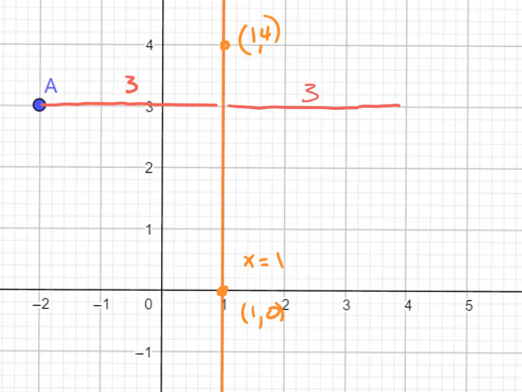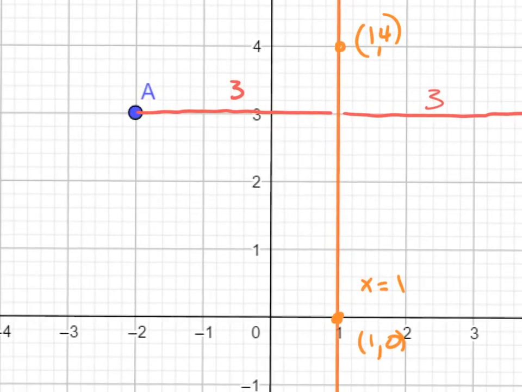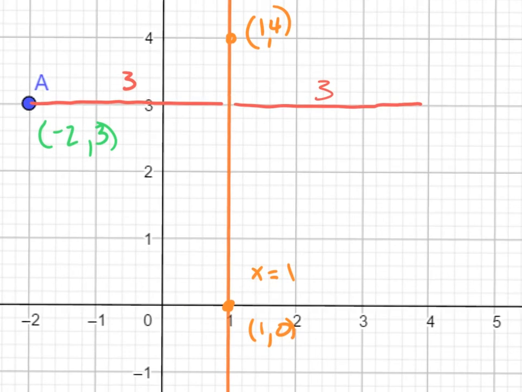Visually, it's fairly easy to get this, but if I'm just thinking in terms of, hey, I have this coordinate over here, A, and the coordinate of A is -2, 3, and I'm flipping it over this line to the other side, I'm moving in a positive direction because I'm moving from the left side of this line to the right side. That's positive when we're talking about a coordinate grid.